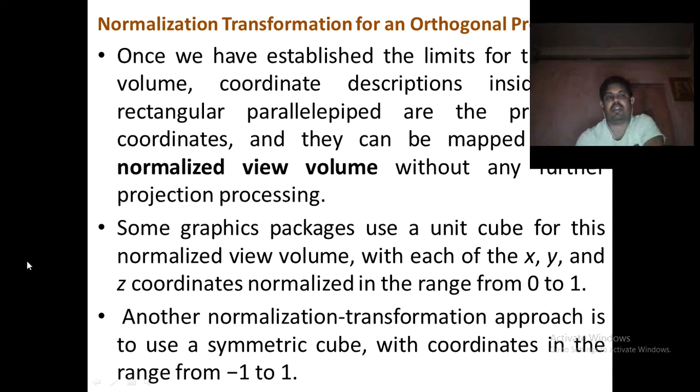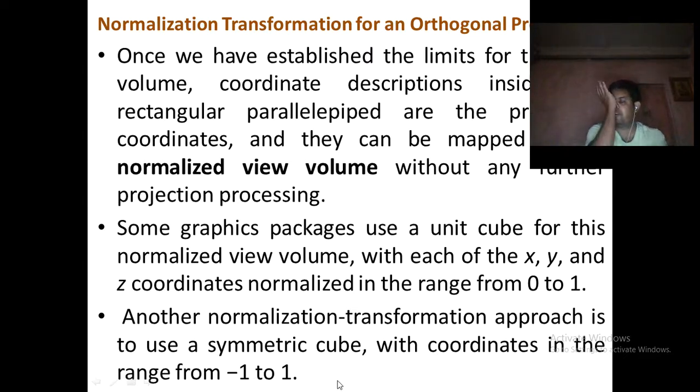Now, what is the range of the normalized view volume? Some graphics packages use a unit cube for the normalized view volume, that is, 0 to 1 in x and y. In some other normalization transformation approaches, it is a symmetric cube with coordinates in the range from -1 to +1.